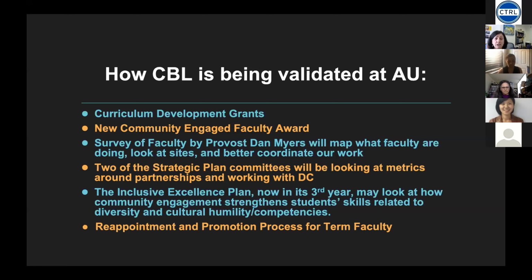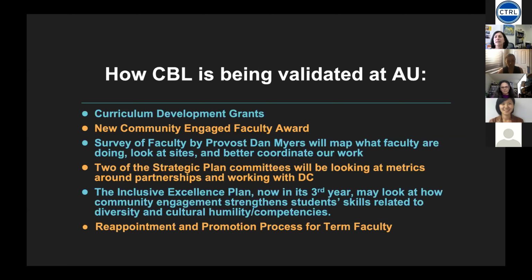So we created a survey which exists that would map what's going on and eventually help us better coordinate what sites faculty and students are working at. Because right now it's crazy. Like you could have your students working at, you know, Thrive DC, like Amanda's and Jane's are there, and you might not even know that 2 classes are working with them.